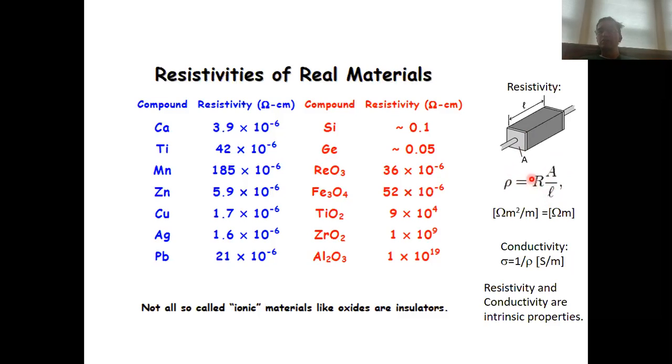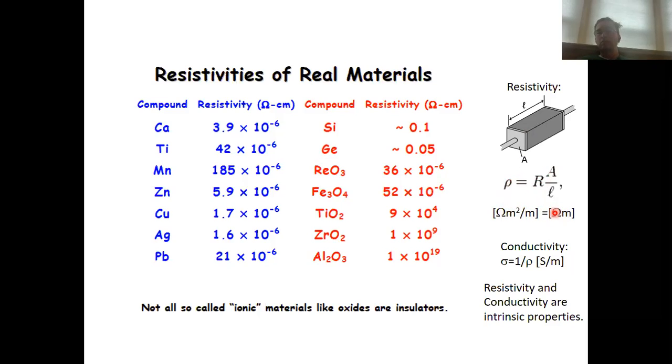I can easily measure resistance in ohms with an ohm meter. So if I know the length of my resistor and its area, I can easily calculate the intrinsic materials property of the resistivity. And now you can understand why resistivity has the unit ohms times centimeters: it is resistance times area over L. So we have ohms times meter squared over meter, which is ohms times meter.